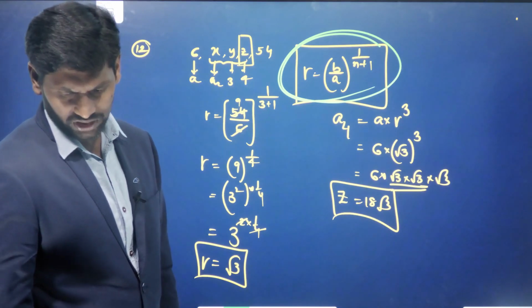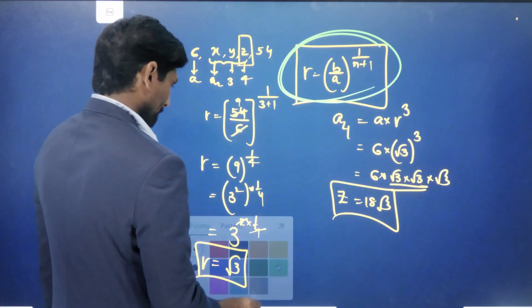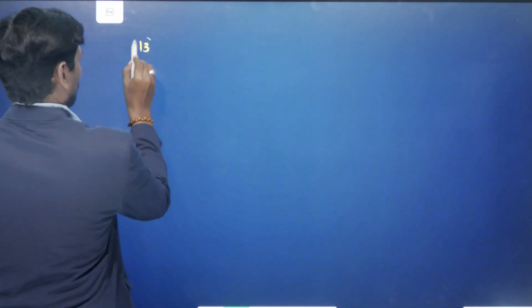Let us go to problem number 13. It is given that H1 and H2 are harmonic means between A and B. Then we need to find the value of H1 plus H2 by H1 into H2.